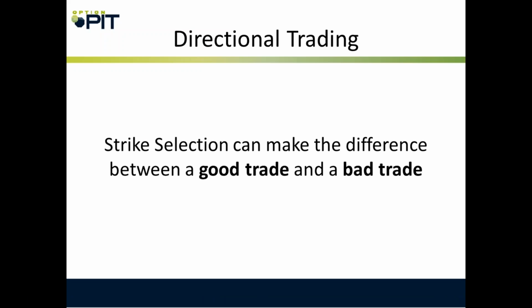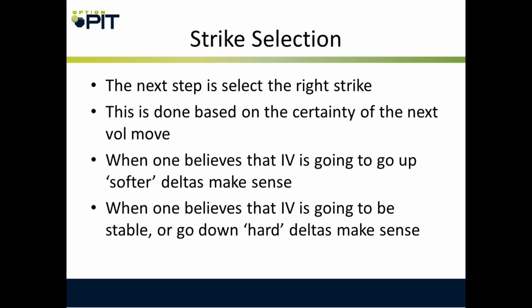So now let's talk strike selection. You can turn a good trade into a bad trade if you buy the wrong strike. So now that you know when to buy and when to sell, the next question is what strike to buy. And this is done based on the certainty of the next vol move.